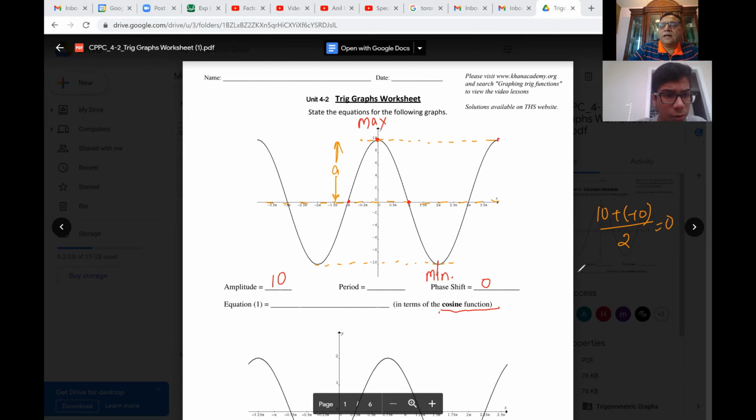So the time period is also equal to the time where it happens at maximum to minimum, which is 2 pi, that is half the period, right? Half the period is 2 pi. So the period is 2 pi times 2, which is 4 pi, right? So the time period is 4 pi, as you're correctly saying.